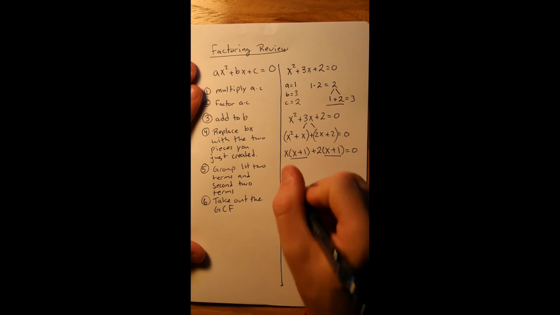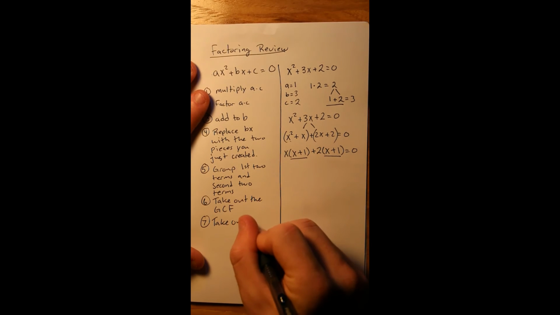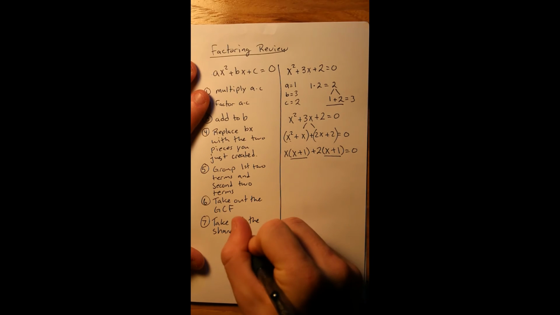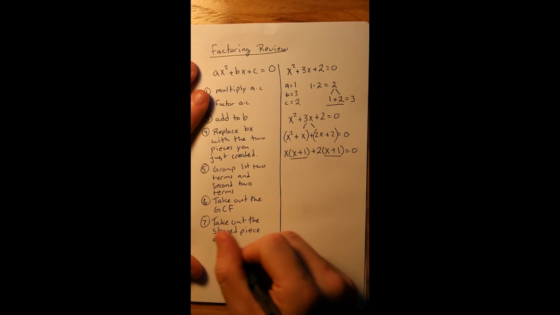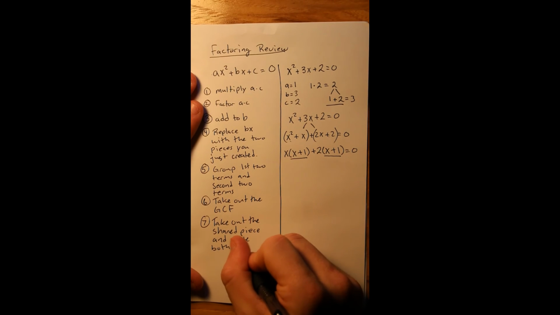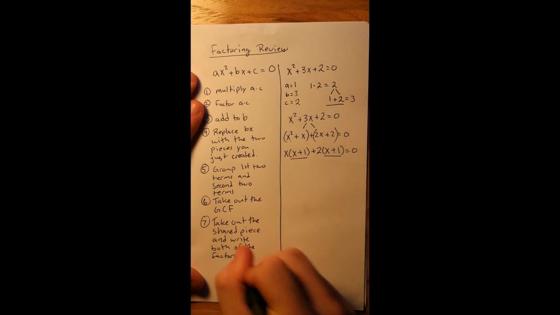So in step 7, I'm going to take out the shared piece and write both of the factors.